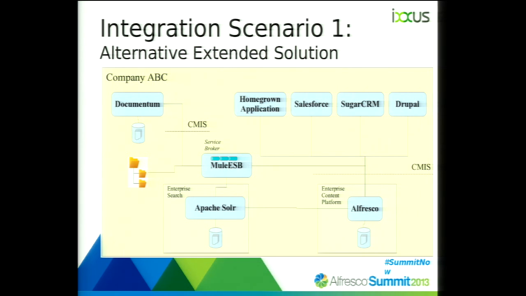So you can use Mule ESB and its CMIS connectors and HTTP connectors, talk to Documentum and do a phased migration, grabbing stuff here and injecting it into Alfresco. Meanwhile, I'm going to index Documentum by processing metadata and updating, for example, Solr or Elasticsearch.